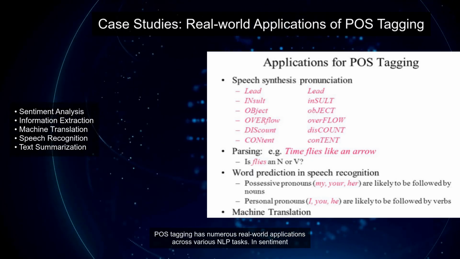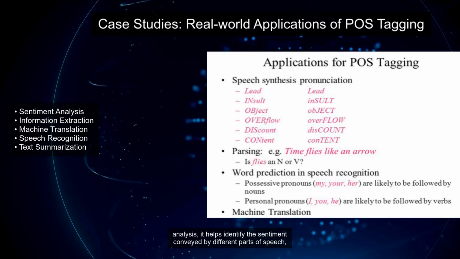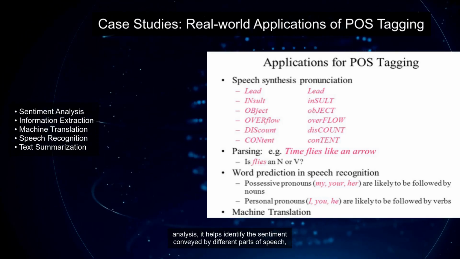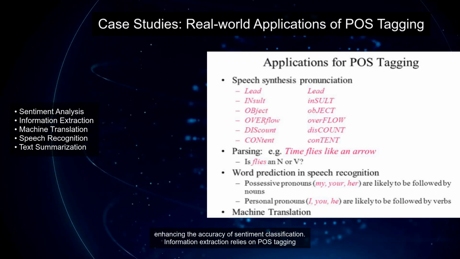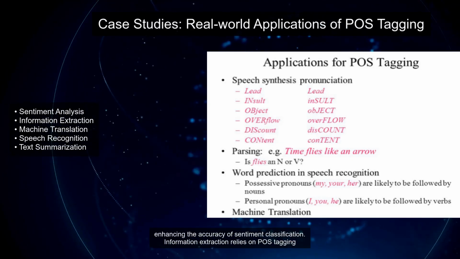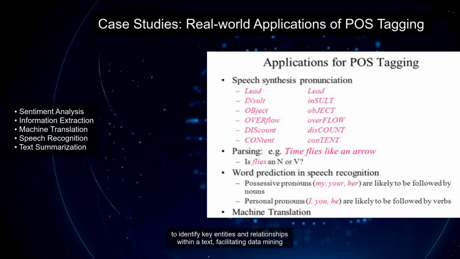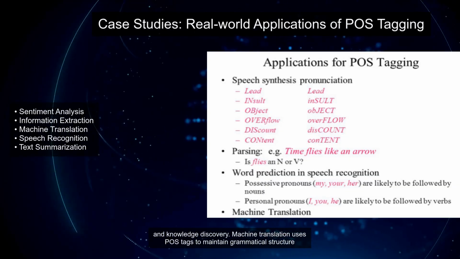POS tagging has numerous real-world applications across various NLP tasks. In sentiment analysis, it helps identify the sentiment conveyed by different parts of speech, enhancing the accuracy of sentiment classification. Information extraction relies on POS tagging to identify key entities and relationships within a text, facilitating data mining and knowledge discovery.